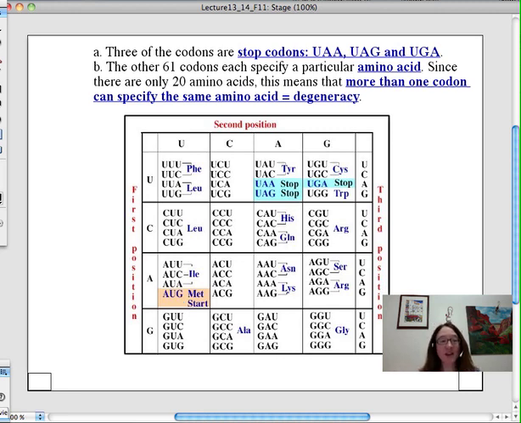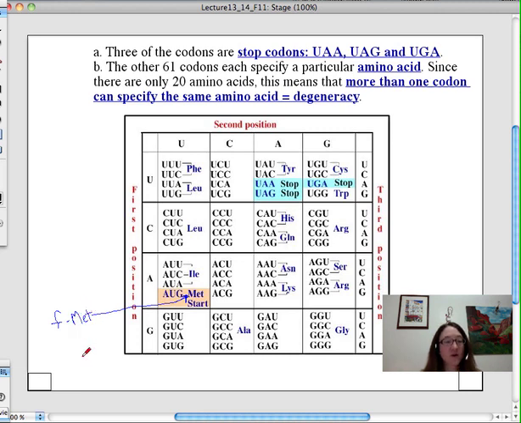Now, in prokaryotic cells, AUG specifies a special amino acid called F-met or N-formyl methionine. So let's write that down so that we know that within prokaryotic cells, this AUG not only specifies a simple methionine, in eukaryotes it's just methionine, but in prokaryotic cells it specifies F-met.